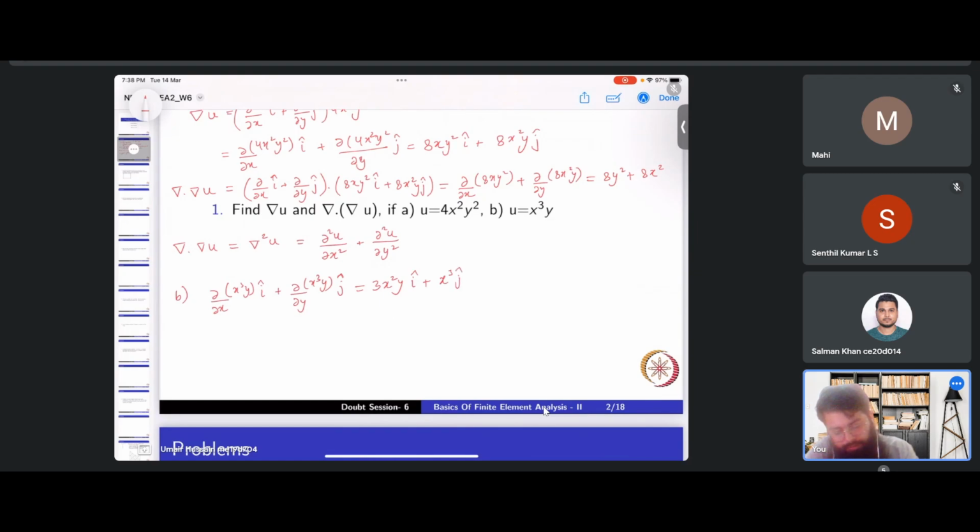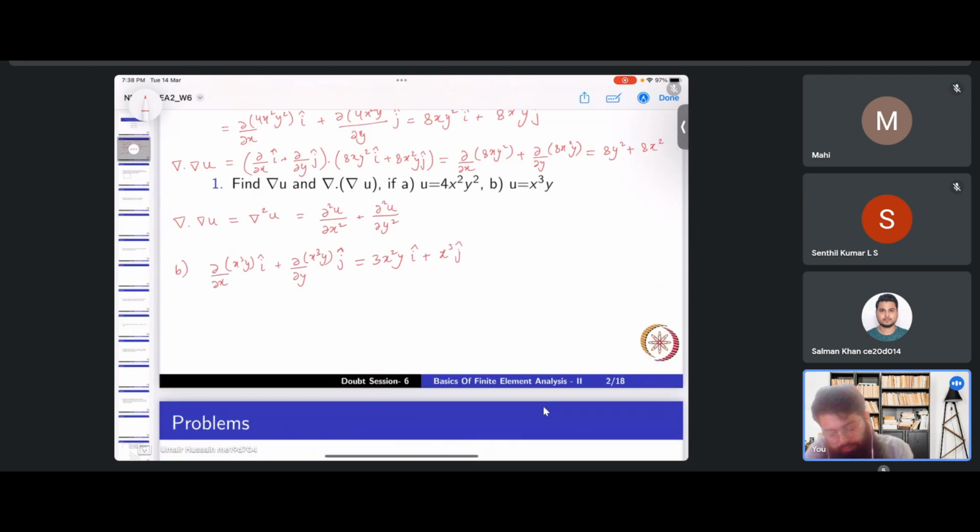And again, if we want to find the Laplace, we'll do this directly this time. Dou square x cube y by dou x square plus dou square x cube y by dou y square.